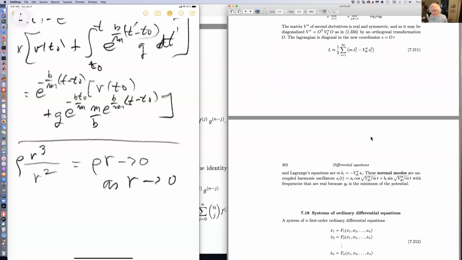And so now Lagrange's equations are super simple. They're just m, the double time derivative of S_i, is minus S_i times the ith diagonal element of the diagonalized potential. These things are then called normal modes, and for good reason, physicists love them.